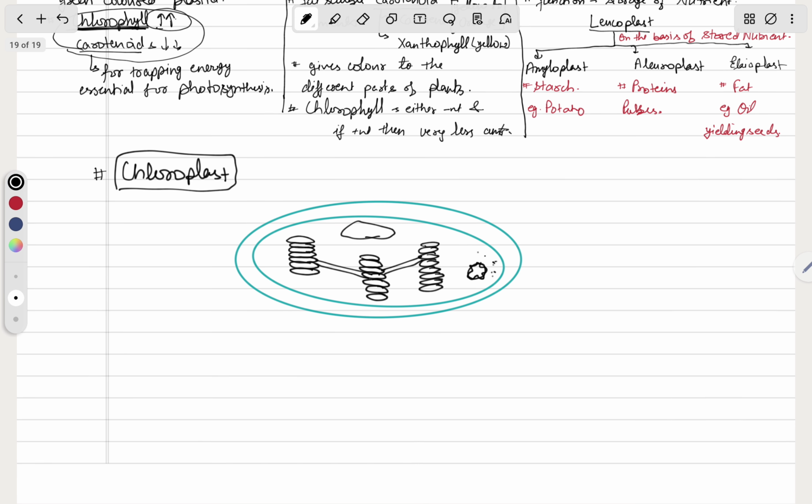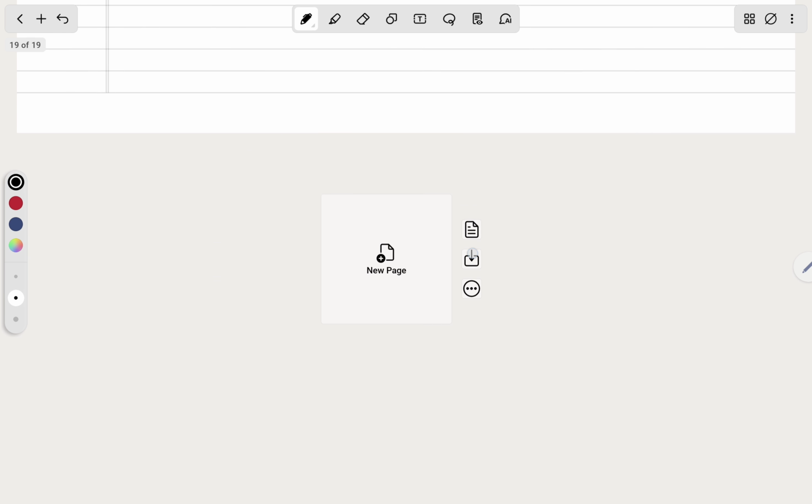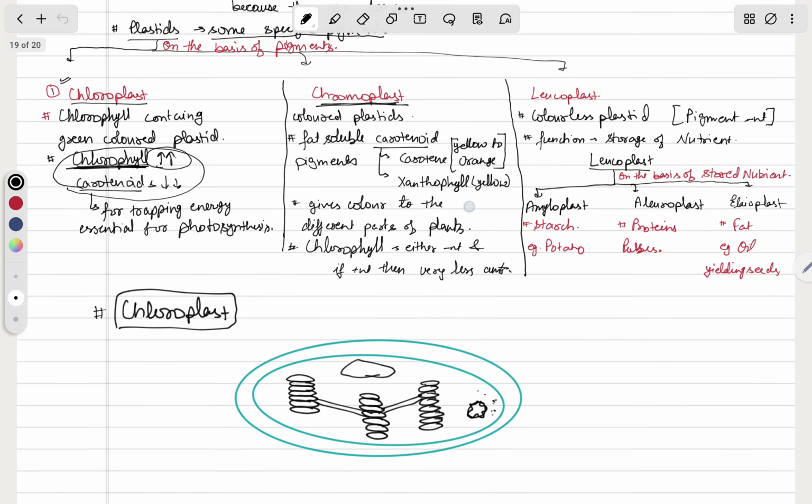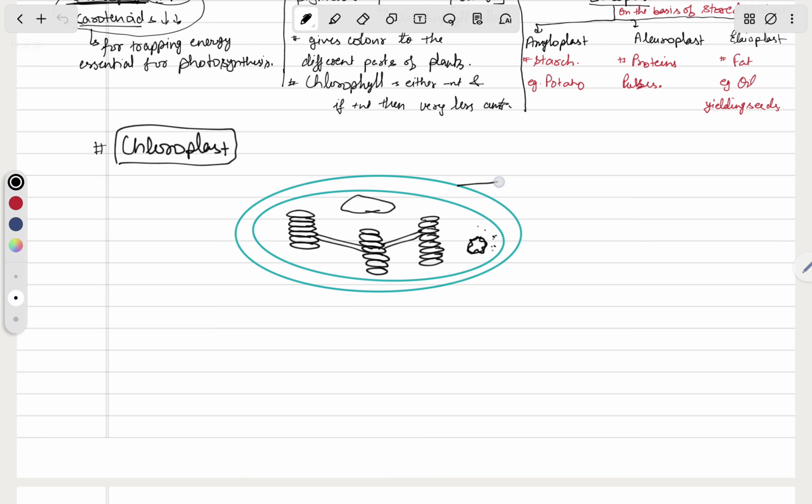So let's label the structure. This is the outer membrane. This one is the inner membrane.